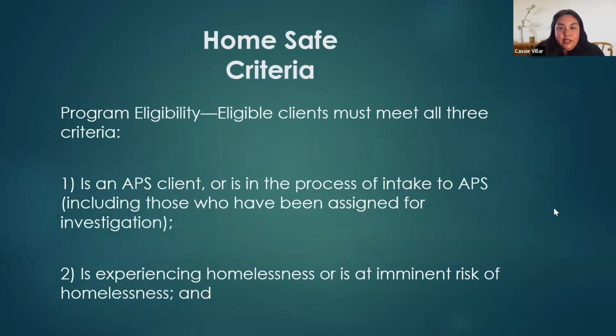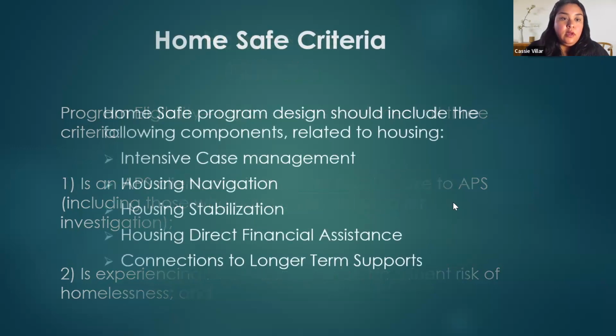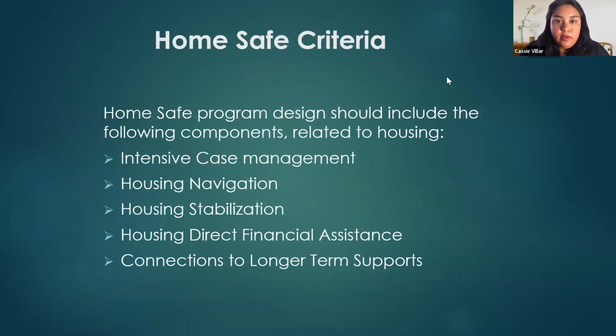All right, really quickly, Home Safe. Home Safe is a program here under APS. The eligibility is that folks need to be APS clients or in the process of intake. It's a program for individuals experiencing homelessness who are also at imminent risk of homelessness. Home Safe is really designed to help connect folks to housing.